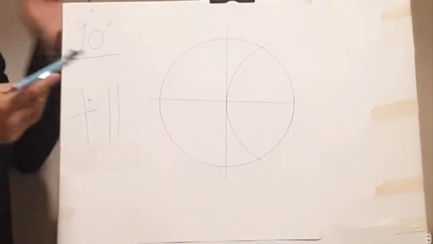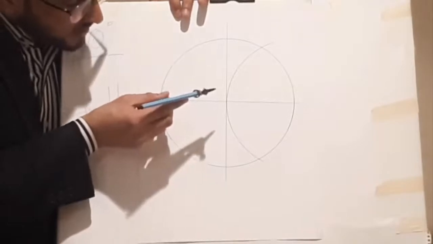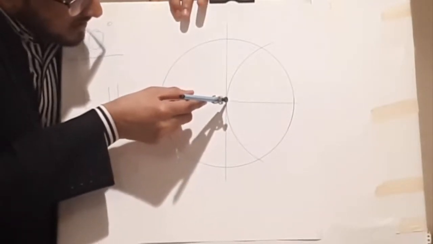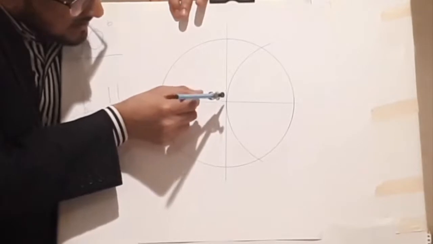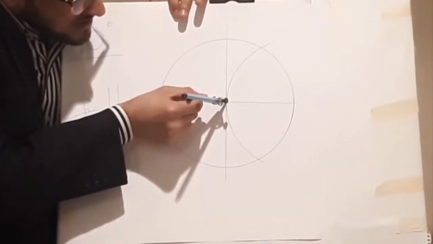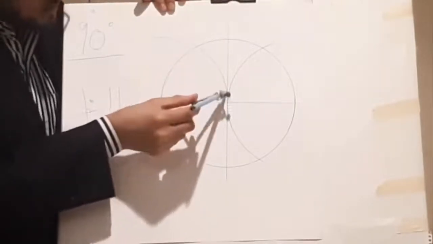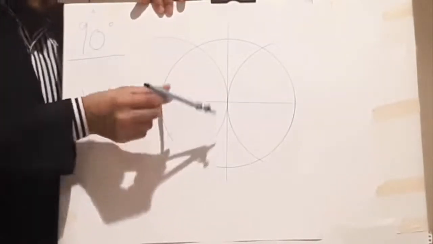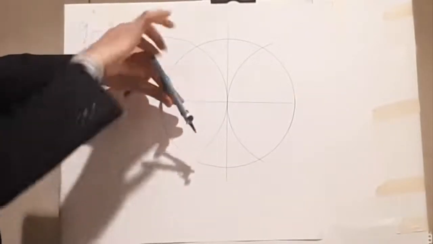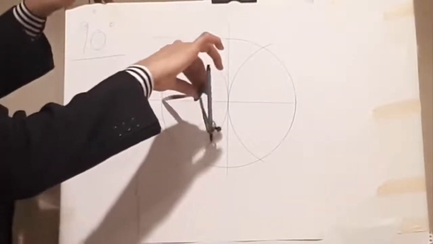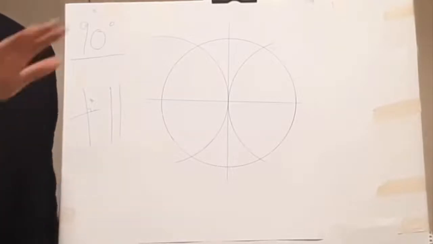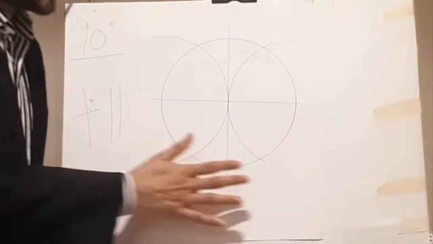The next curve you will draw by keeping your needle at this point, and this will be your radius, and you will draw another curve which will pass through this. Now, as you can see, I draw and then two more curves.